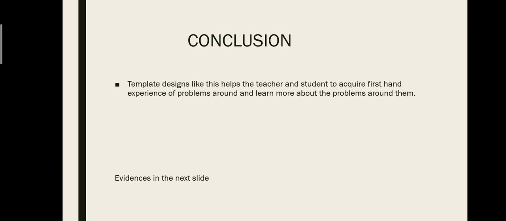Then the last one is conclusion. Template designs like this help the teacher and student to acquire first-hand experience of problems around them and learn more about them. This is the end of this portfolio activity. We got more pages than the remaining ones. No problem. Next we will go for evidences in the next slide.